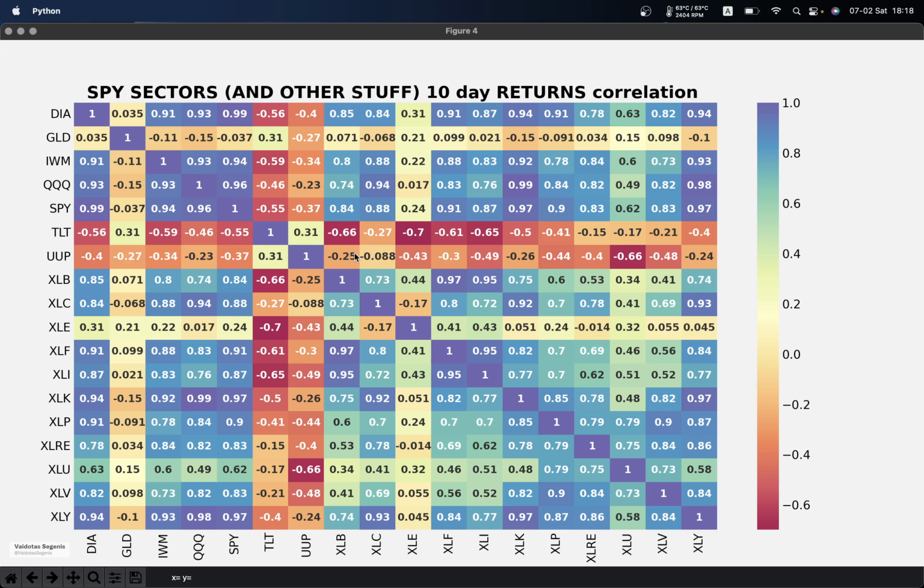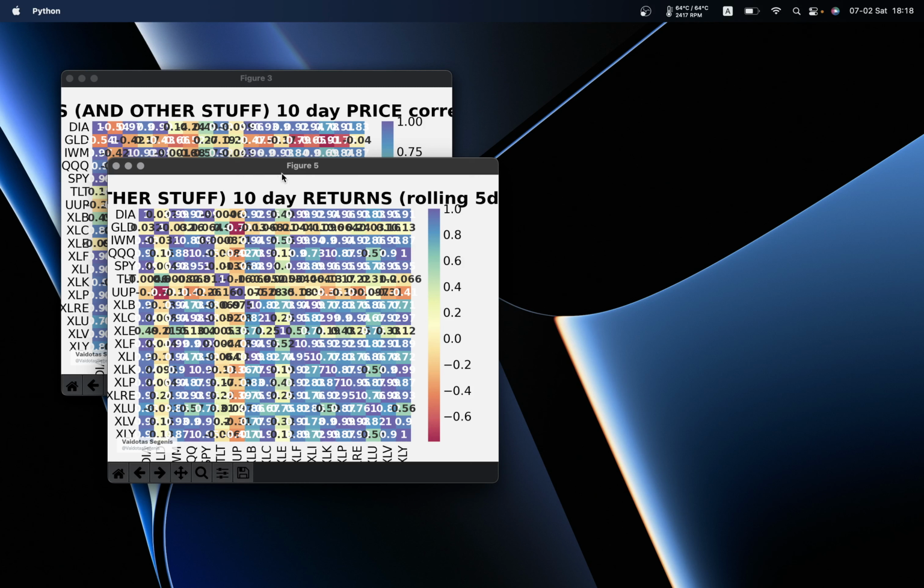So it's not good if you are shorting, I mean. UUP, nothing special here. On a 10-day basis, most correlations to equities are negative, and it's very good, especially XLU. I like it. So let's move to rolling 5-day correlations.